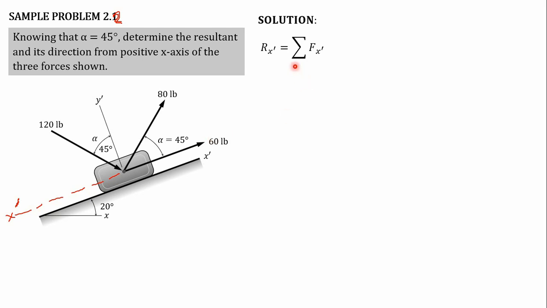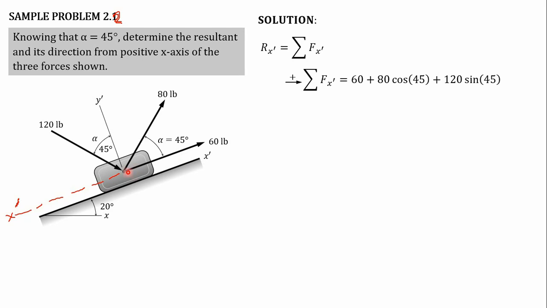Okay? So, mag-assume tayo na going to the right is positive. So, summation of fx prime is equal to, okay? So, isa-isahin natin to. Okay? So, going to the right, okay, ito yung direction niya. Going to the right is positive. Okay? So, yung 60 pounds natin is along to x prime.